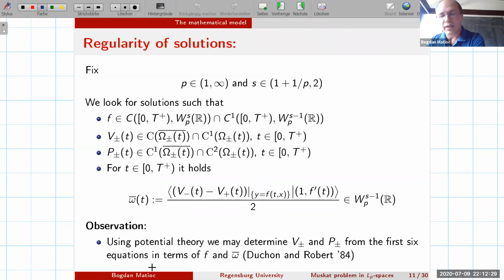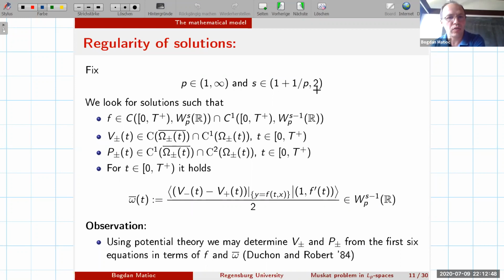And let me now say what kind of solution we are interested in. p is a Sobolev index strictly larger than 1 and less than infinity, and s is larger than 1 plus 1 over p and less than 2.